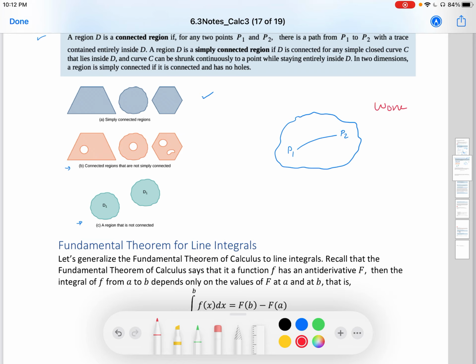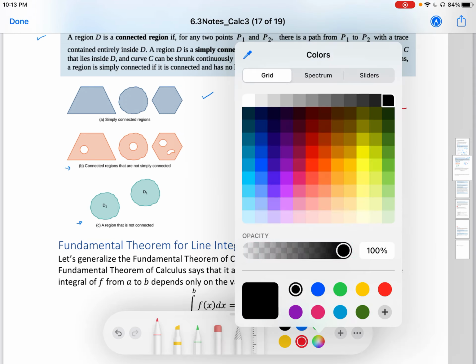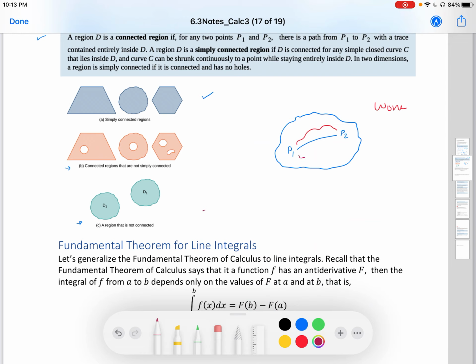That's what we're doing when we're finding these line integrals. What we will discover is that the work is the same regardless of the path you take, as long as you go from point 1 to point 2.